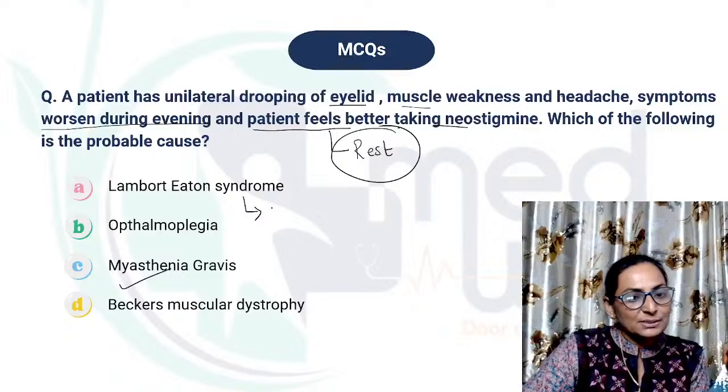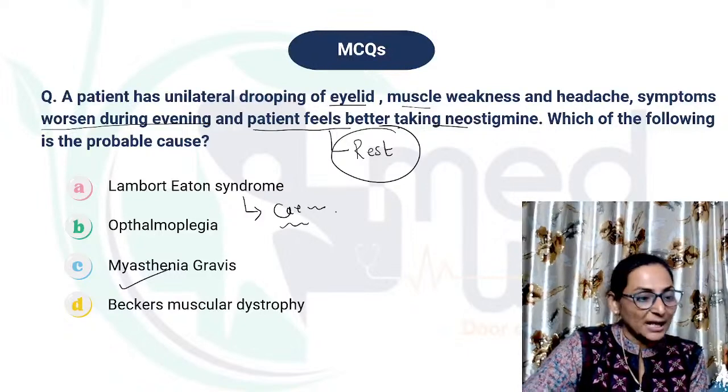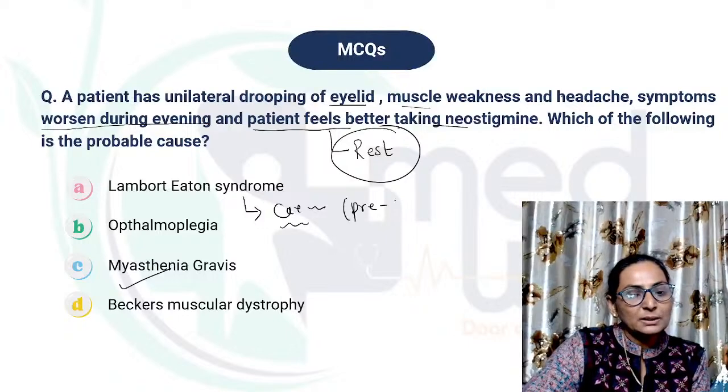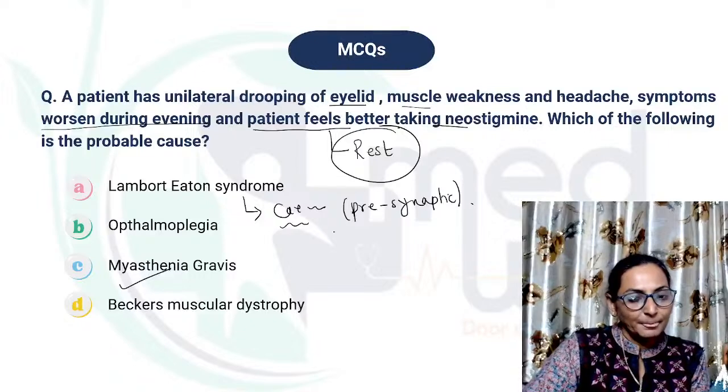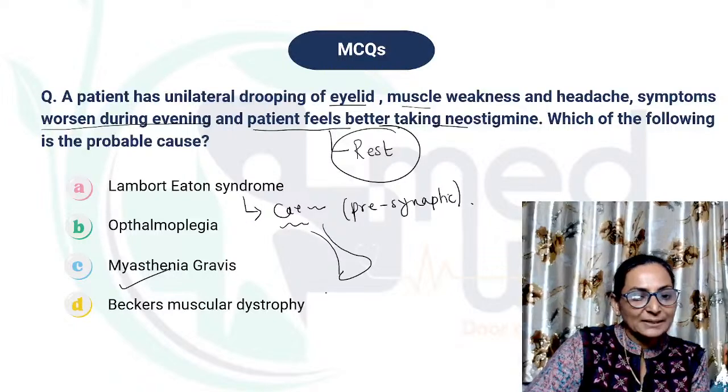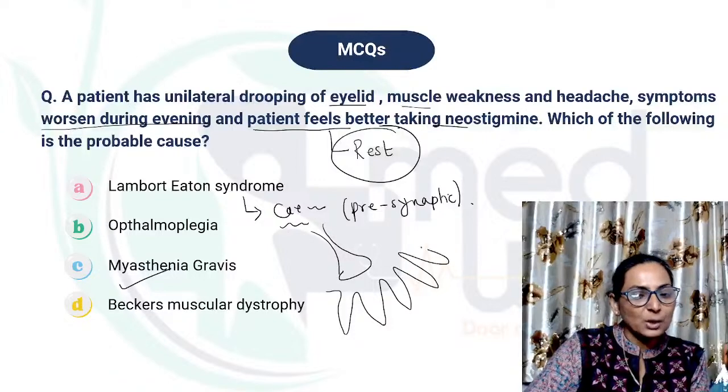This syndrome is associated with calcium channels which are present on the presynaptic side. That means, if you look into the neuromuscular junction, this is the motor neuron, and this is the muscle. The muscle is thrown into folds called palisades, and here are your acetylcholine receptors.